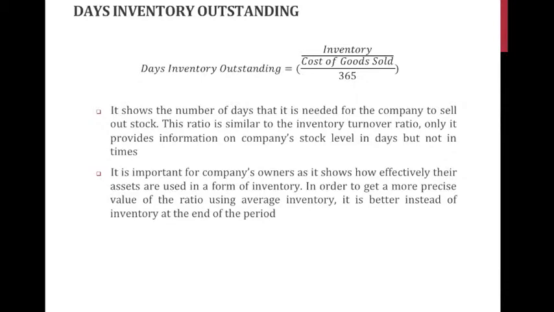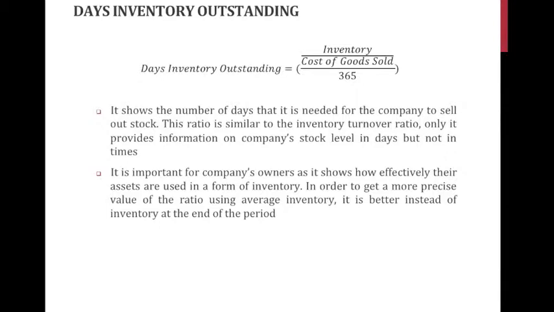It depends on the product. For example, of course, if we are, let's say, trading some food production and we know that the average shelf life of our products is 1 month, so 30 days, and we see that on average it takes 180 days to sell our inventory, then of course such a value could be a disaster for us, because it indicates that most probably all our products in our warehouse will go out of date before they are sold.